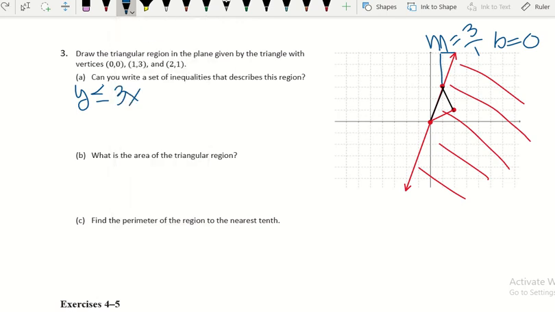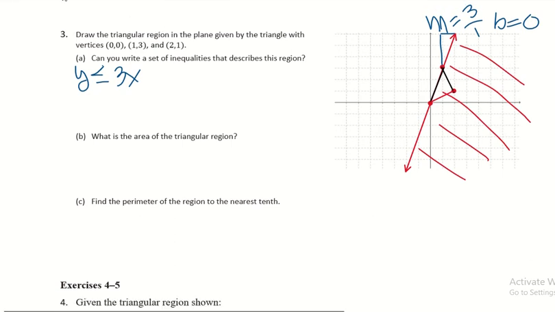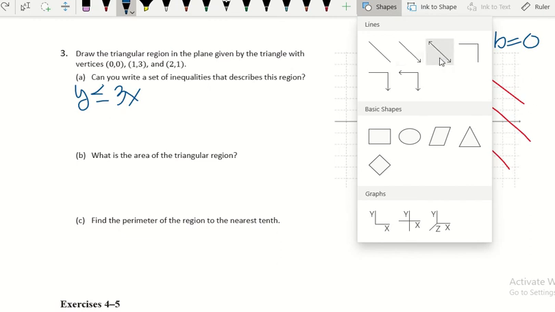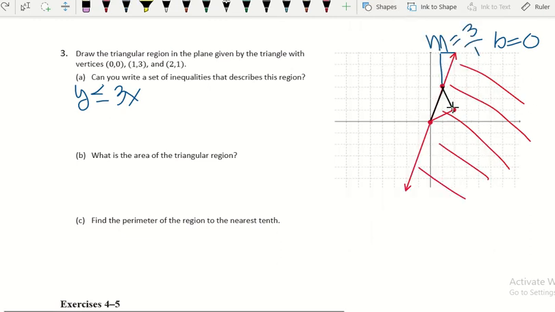Okay? The second line, same thing here. Change color here. Okay? So this is going to go from, and you can follow the point here. Here's this line right here. So we're going down 2 and then right 1. So there's our line.